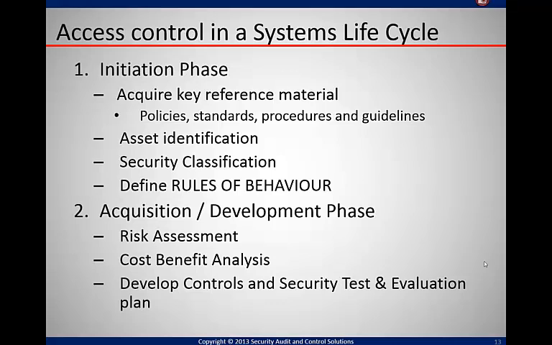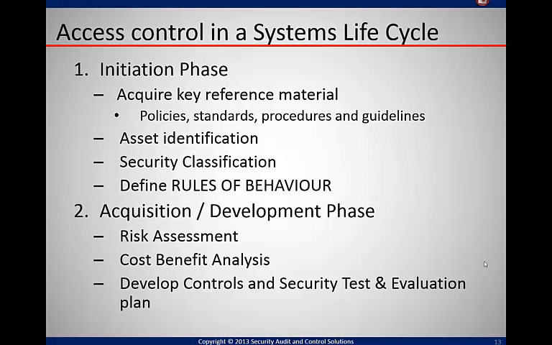Now, access control in a system's lifecycle is important. We have a few phases, such as the initiation phase. During the initiation phase, we need to acquire key reference materials, such as policies, standards, procedures, and guidelines. Often, some legal documents from a country would be required to give us input. Specifically, if you work for an organization such as the Department of Defense or where you work with critical data.